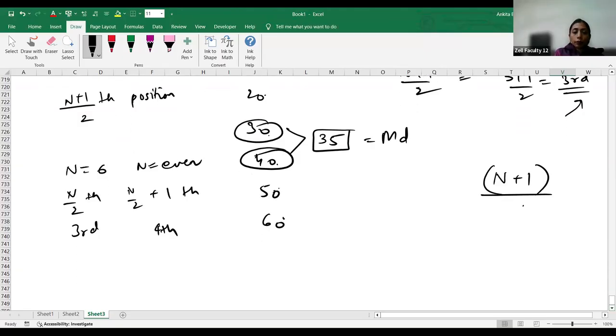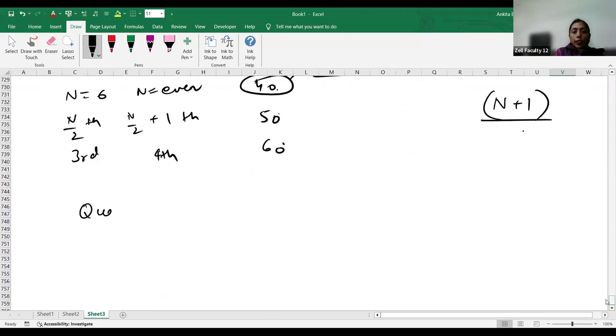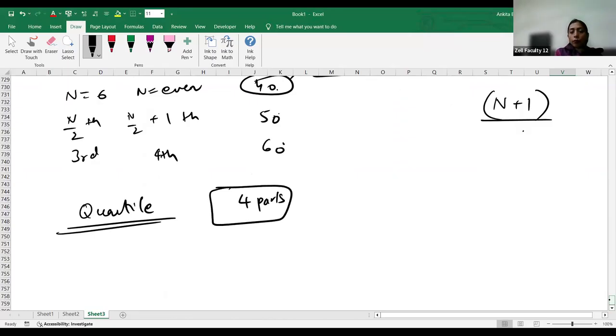But here you could be looking for, let's say, quartiles. Quartile means dividing the whole distribution into 4 parts.